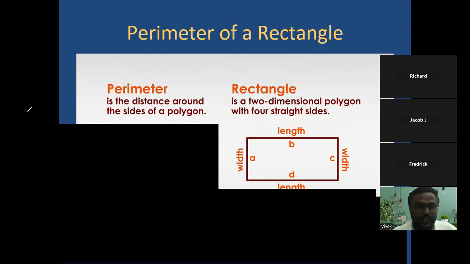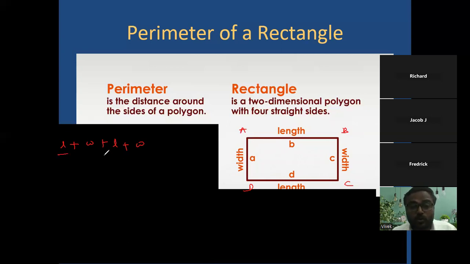If I start walking from point A to B, I'll have the dimension equal to the length. From B to C, it will be the width. From C to D, it will be length again. And from D to A, it will be width again.